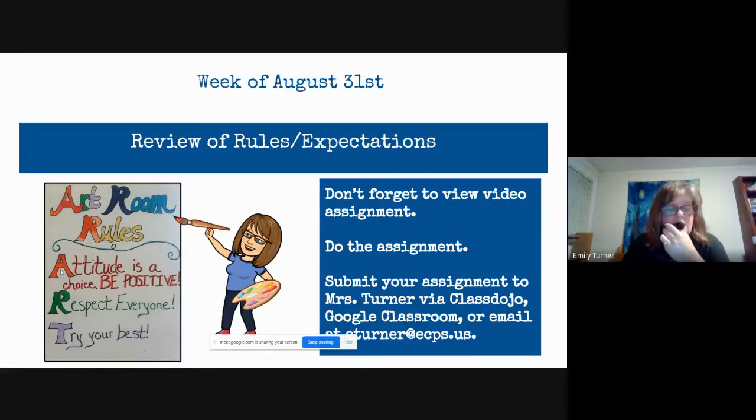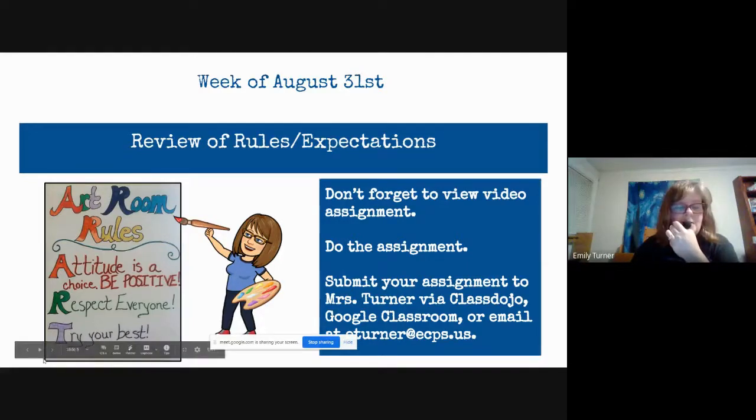Next, starts with an R. Respect everyone. That means you're respecting yourself, your classmates, because we're all trying really hard to do good work, and your teacher. That means that you are also turning in your work on time. And last but not least, starts with a T. Try your best.